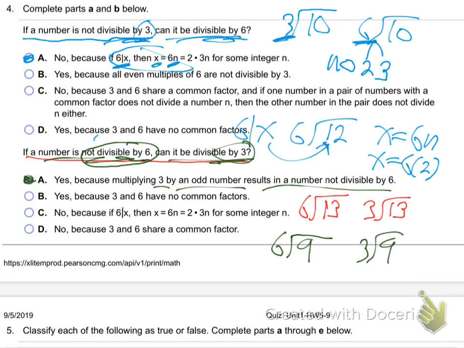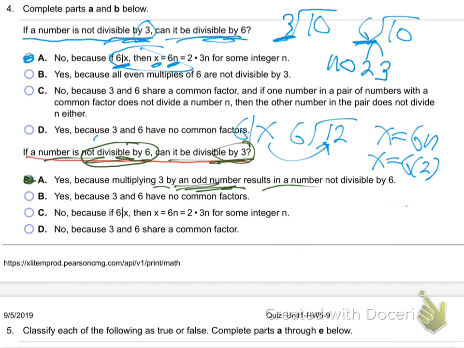Again, I don't want you to worry so much about the words. I'm not going to ask you for all these weird words about odd numbers and all that stuff. Don't worry about that. But just know the basic idea. I will ask you true and false on the exam about the basic idea.